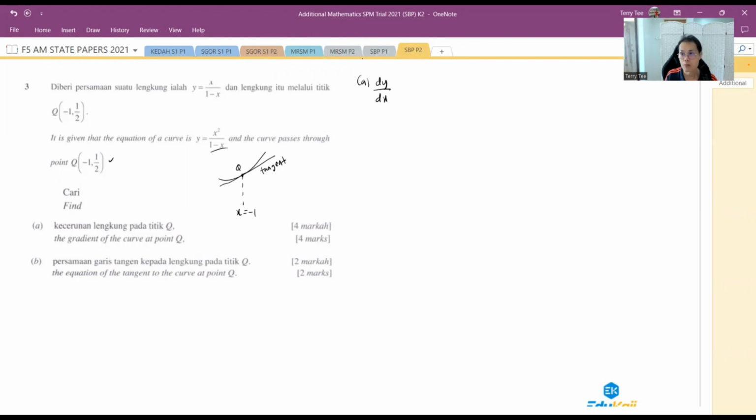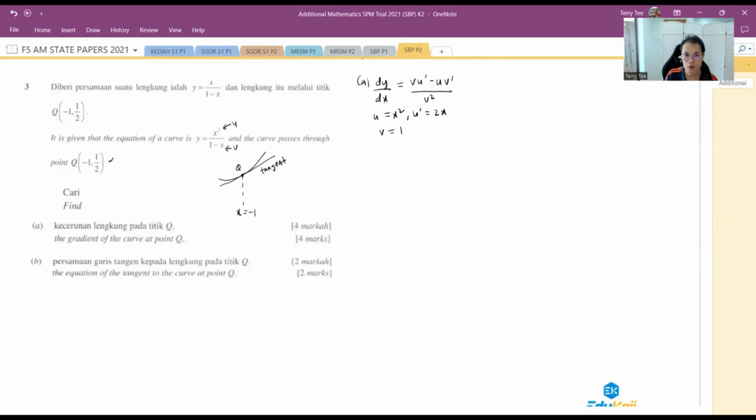And remember, this is in the form of what we call a rational function. Yeah, we have to use the quotient rule. This is your u, this is your v. When you differentiate, it is v u prime minus u v prime over v squared. If my u is x squared, my u prime is 2x.